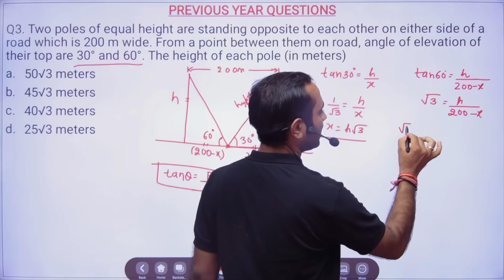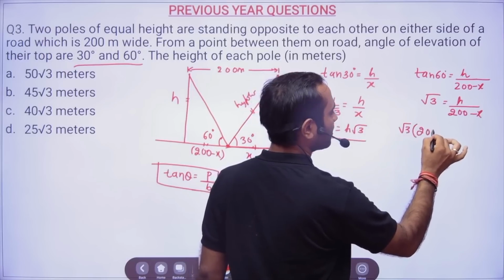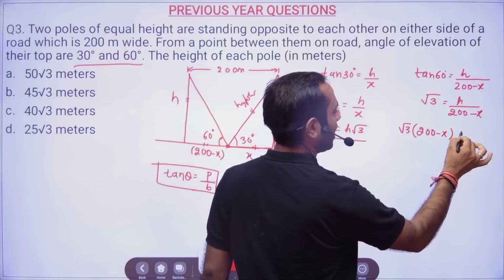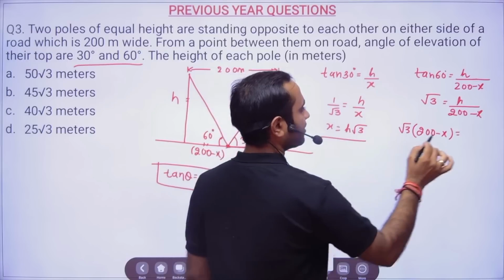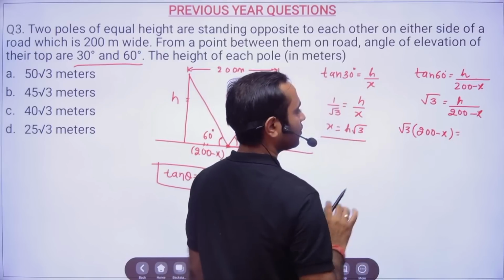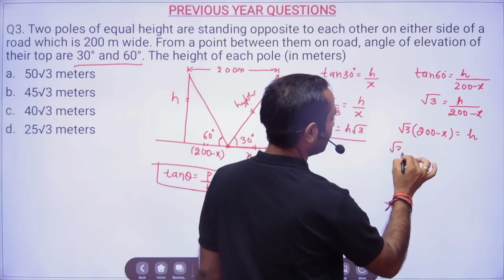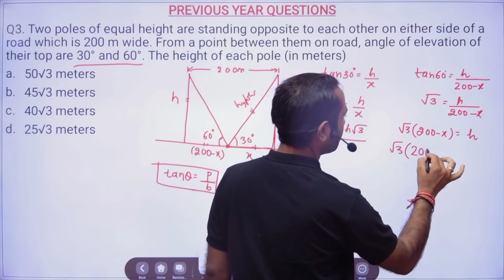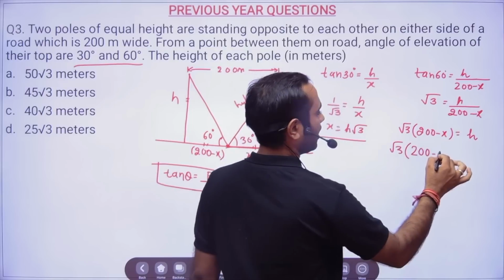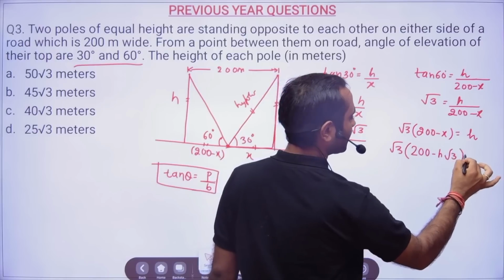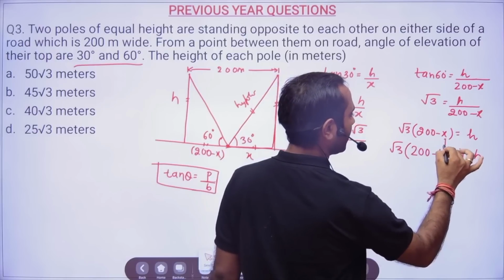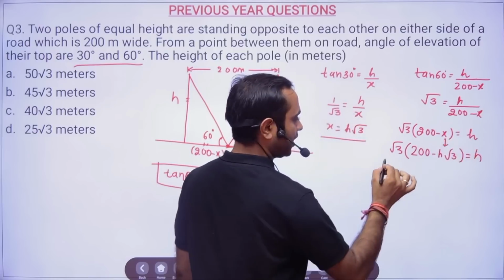So root 3 into 200 minus x equals h, and the value of x we will put here, h root 3.